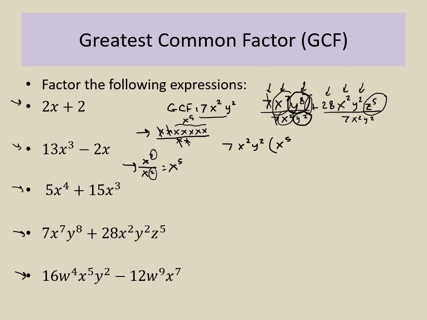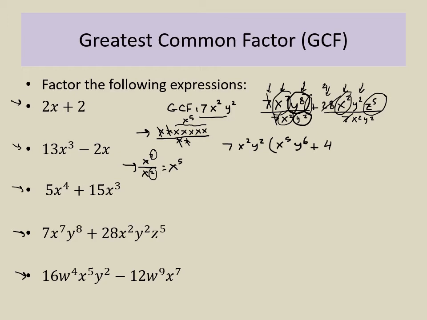So now we can use the quotient rule, since I reminded you of it. That is going to give us y to the power of, and you subtract those exponents, 8 minus 2 is 6. Then plus, let's take a look at the second term. 28 divided by 7, that leaves us with 4.